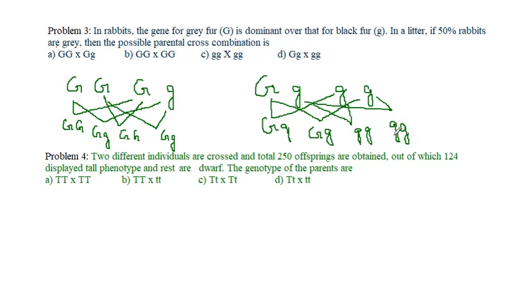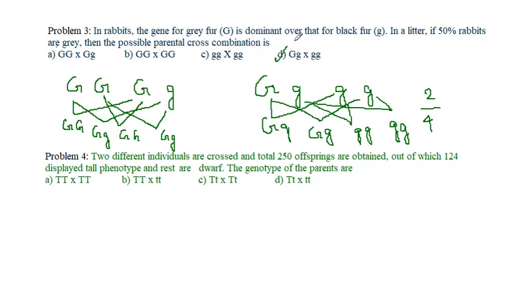Here we can see 2 out of 4 are capital G and small g, that is 50% of the rabbits are grey, and the next 50%, that is small g and small g, gives rabbits with black colored fur. Okay, so the correct option is option D.